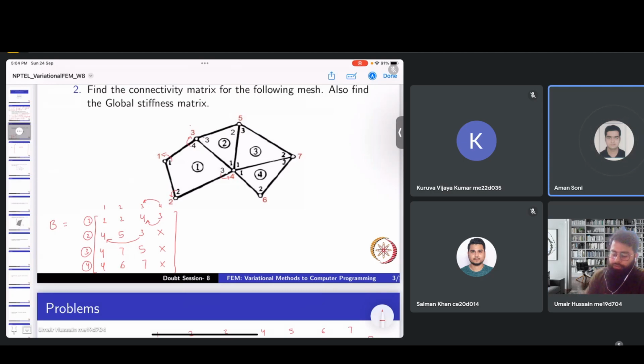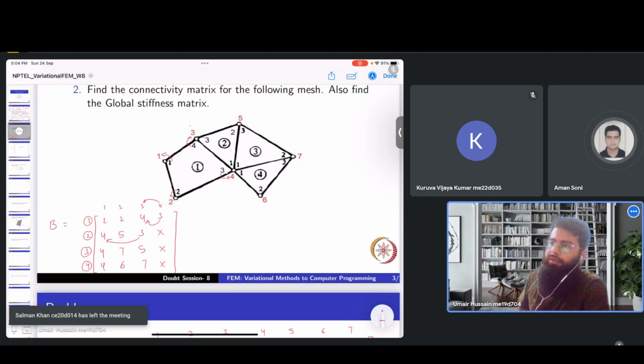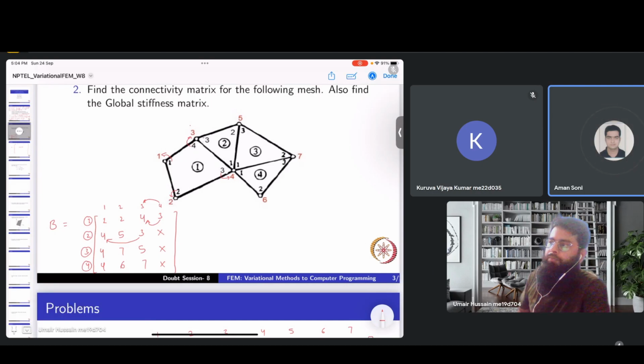And when we talk about node 4, the contribution 4 4, we just see that node 4 is part of which of these elements. It's part of 1, 2, 3, 4. All these are contributing, because this node is in common.